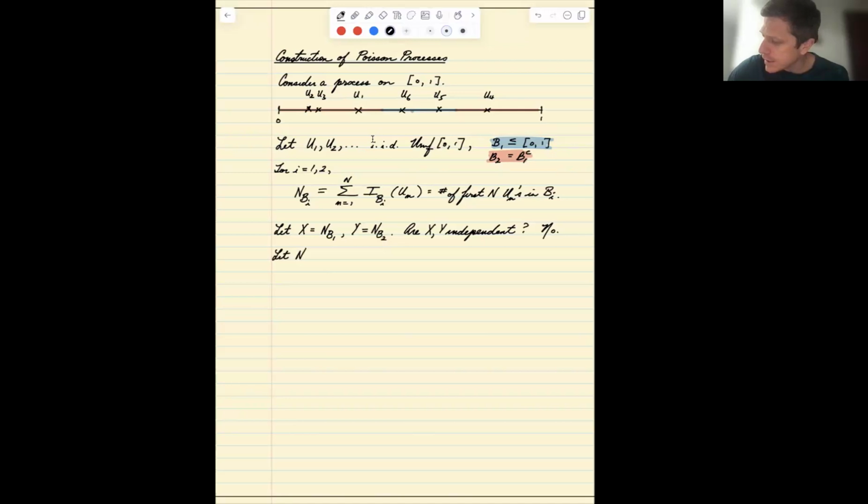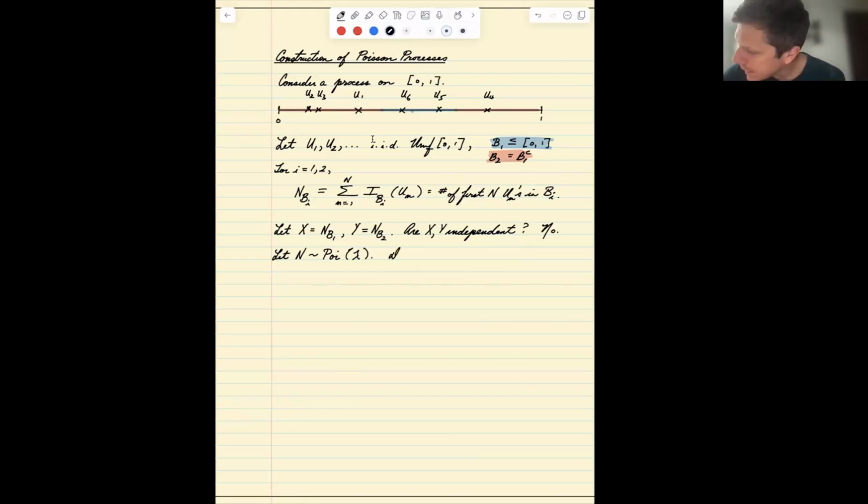But now let's let N be a Poisson random variable, and let's make N independent of the U's.